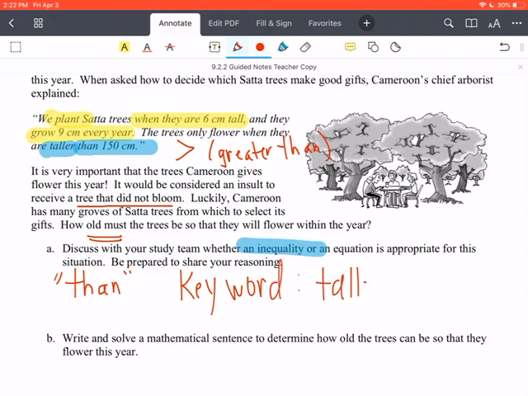So we don't just want the trees to be 150 centimeters. If we can find trees that are greater than 150 centimeters, so 151, 152, 153, all of those trees will work. So there are going to be many heights that will work.